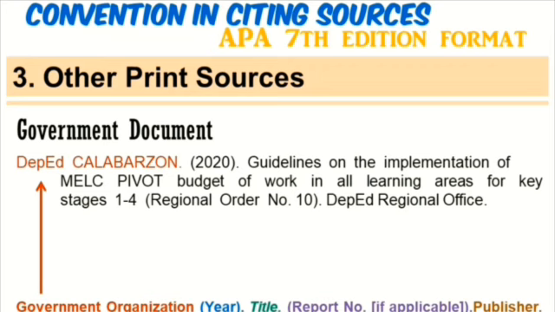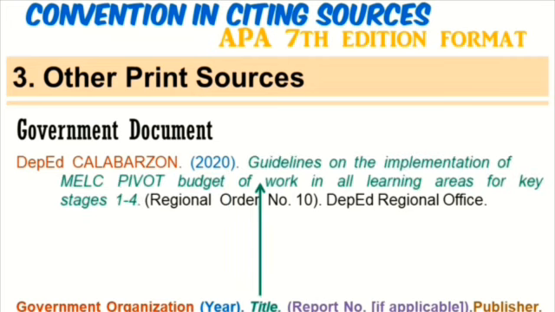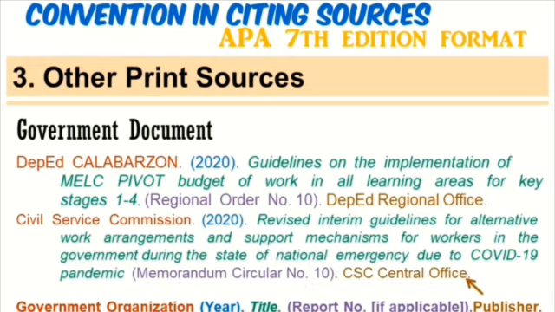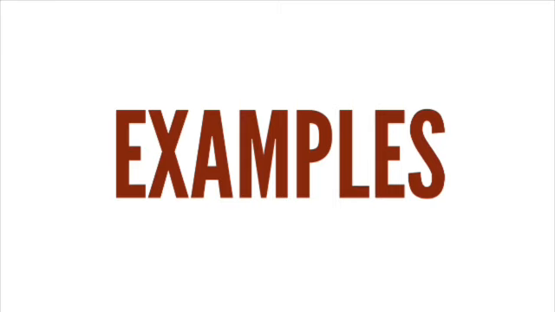We have here government organization, year, the italicized title, report number if applicable, and publisher. Examples of report from a private organization.